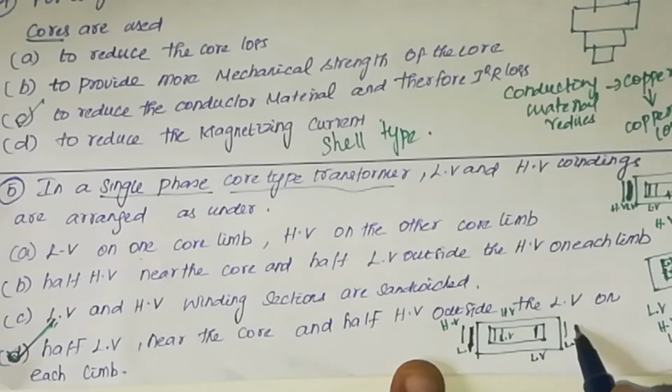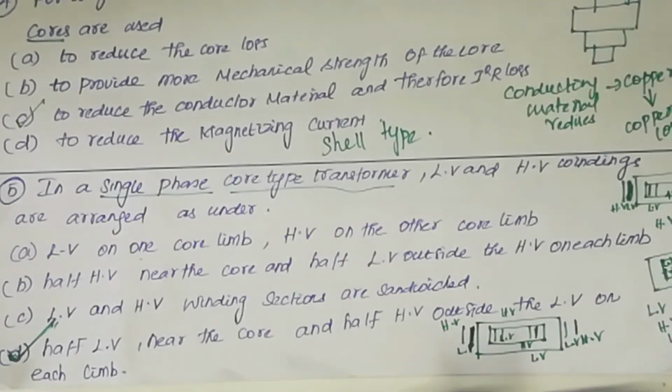Near the core is LV, and outside the LV they arrange the HV. So half of the LV is near the core on one limb and half of the LV is near the core on the second limb. Like that they arrange the HV also, outside the LV.